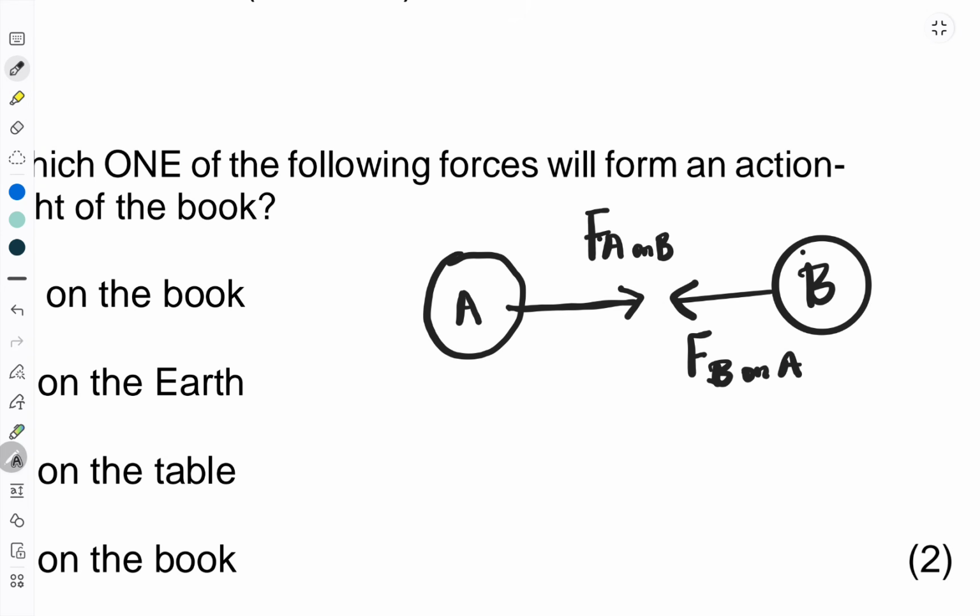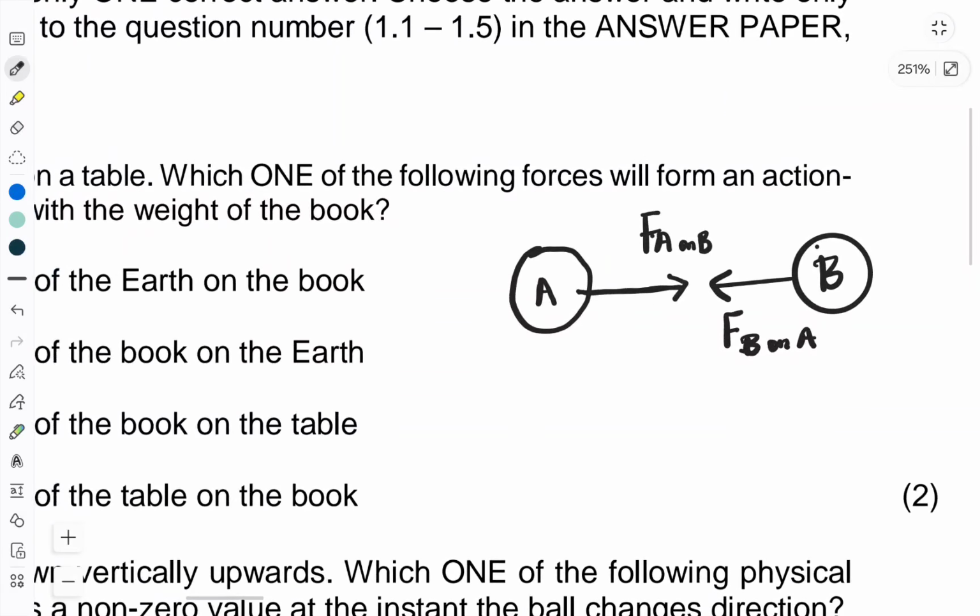F B on A, let's call it like that. So object A exerts a force on object B, and object B in turn exerts the same amount of force but in the opposite direction on object A.